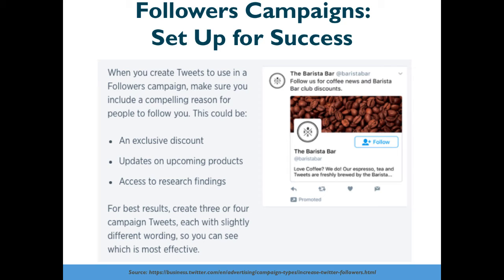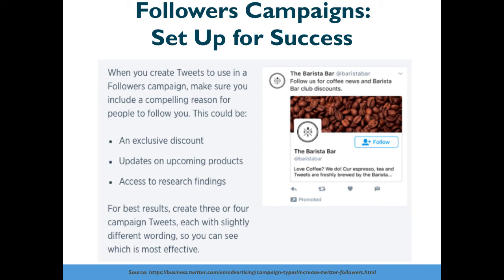So when you're setting up a follower campaign, one way you can be the most successful at it is to make sure that you include a compelling reason for people to follow you. As you can see in this Barista Bar ad, follow us for coffee news and Barista Bar Club discounts. So there's an incentive to follow because you think you might end up getting an exclusive discount, or find out about new products before someone else does, or you might have access to other information.